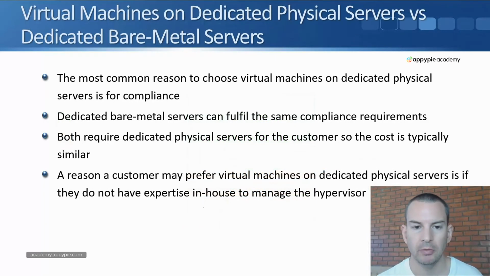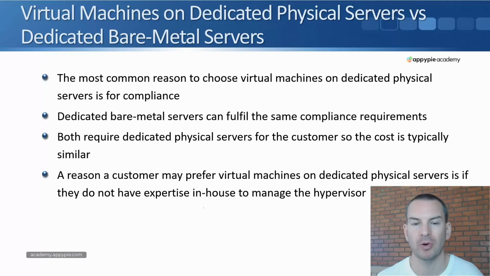Moving on, the most common reason to choose virtual machines on dedicated physical servers is for compliance. The customer may have some kind of regulatory requirement that means that they can't have virtual machines on shared physical servers. Dedicated bare metal servers will also fulfill the same compliance requirements.